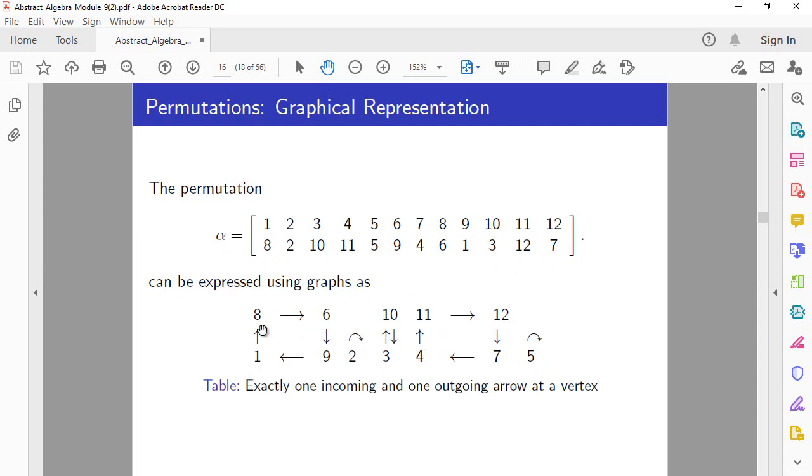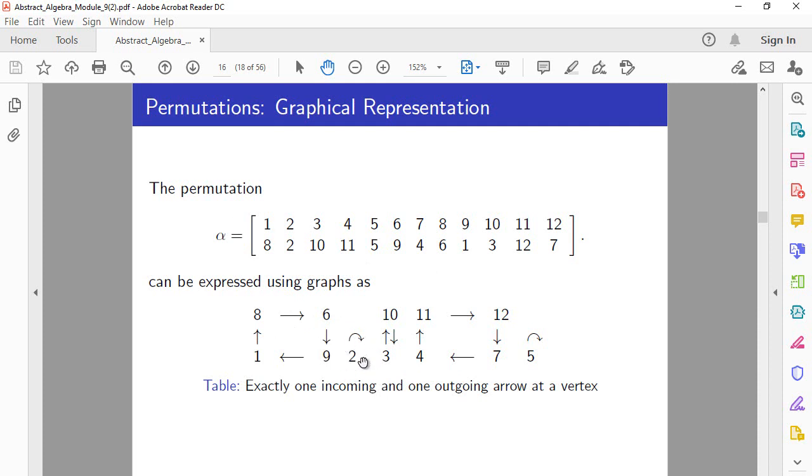So we can write alpha as this cycle multiplied by this cycle. This is a cycle of length 1. Now a cycle of length 1 is essentially the identity permutation. That is, it fixes everything, right? It takes 1 to 1, 2 to 2, 3 to 3, and so on.